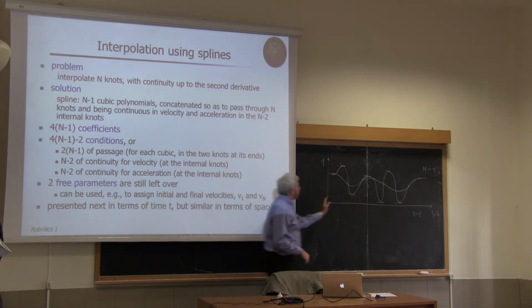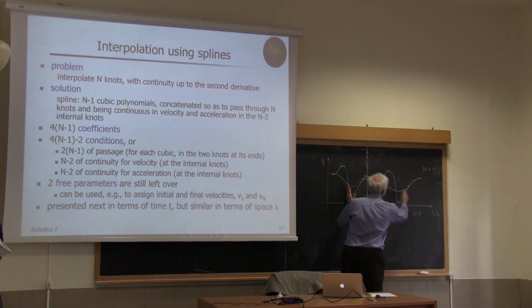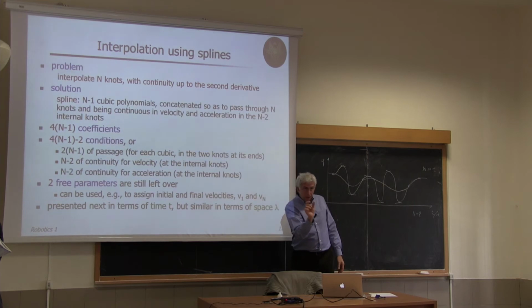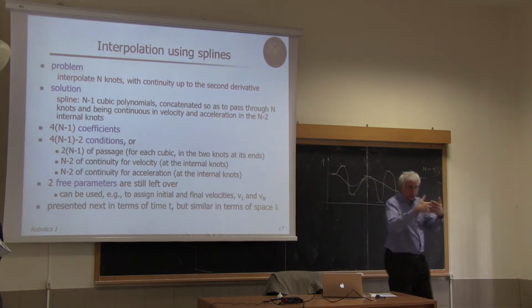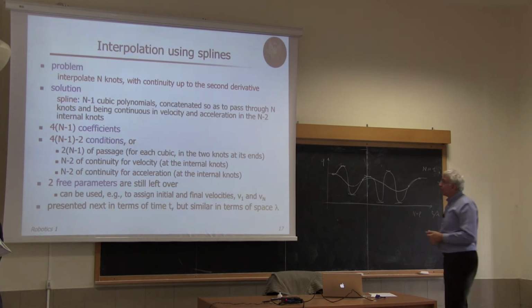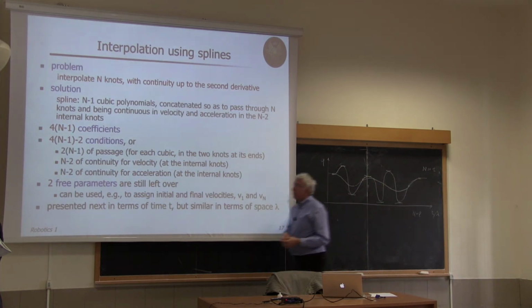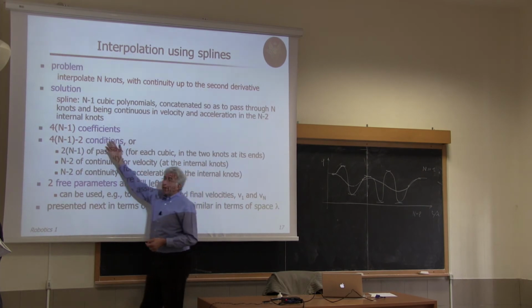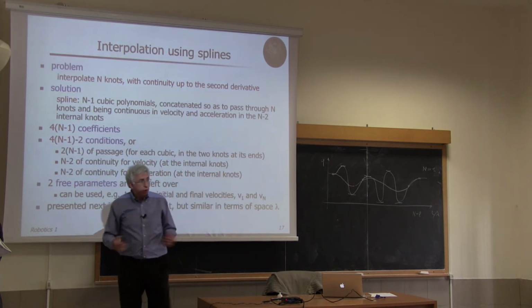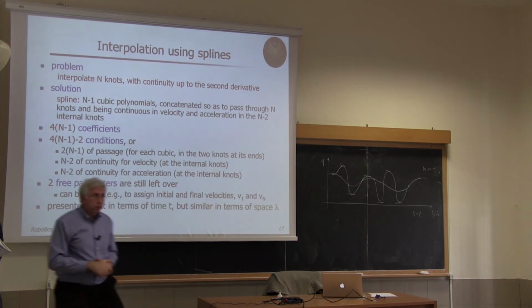Well, here n is equal to 8, so the intermediate knots are 6, so n minus 2 in general. And there you have to impose the matching of first and second derivative. Okay? So this is the continuity. So how many coefficients do we have in total? Well, a cubic function has 4 coefficients. There are n minus 1 cubic functions, so 4 times n minus 1 coefficients in total.